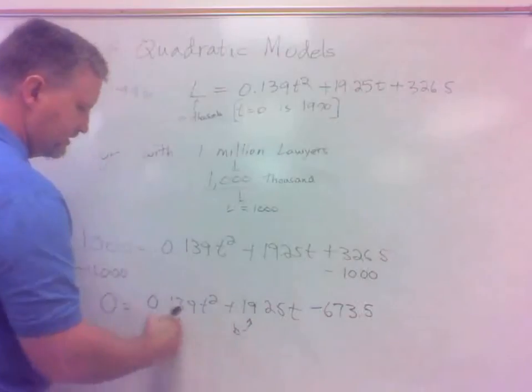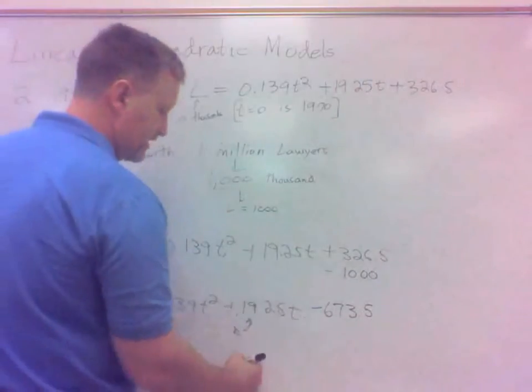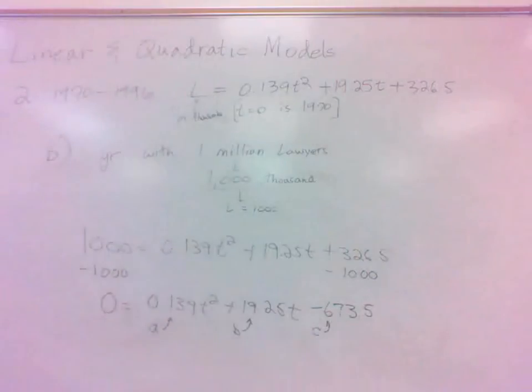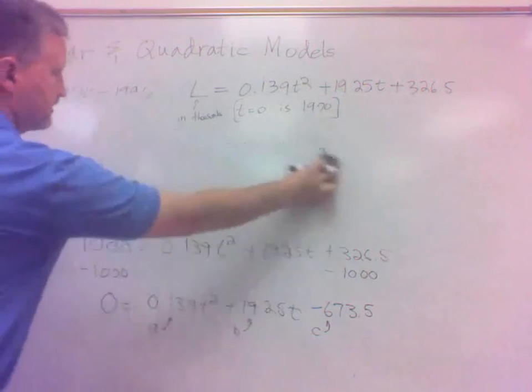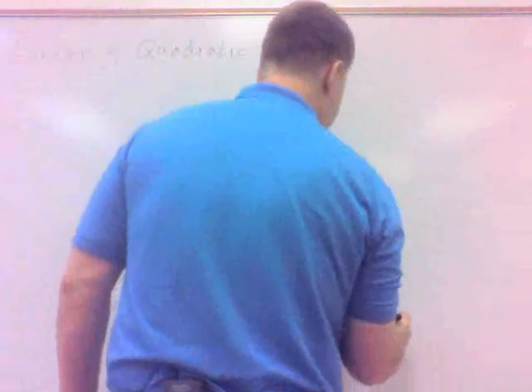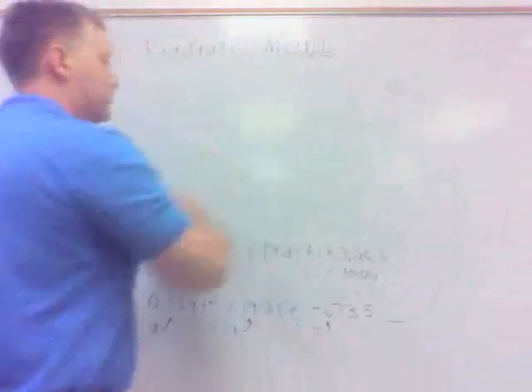A is going to be 0.139, B is going to be 19.25, and C is going to be negative 673.5. Okay? All right, so let me get some room here so I can write the rest of this down.